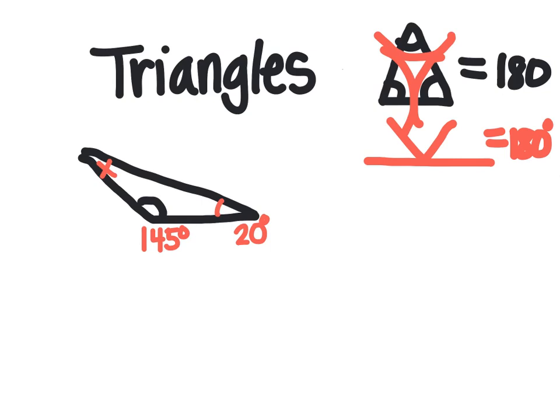That's our variable. This variable simply means that we don't know the measurement of that angle, but we're going to find it out. The one thing I do know about triangles is that they equal 180 degrees. So having this information is going to be very helpful in solving for x. I want to see the angles that I already know, 145 and 20.